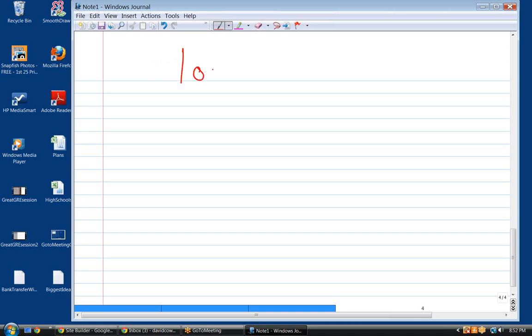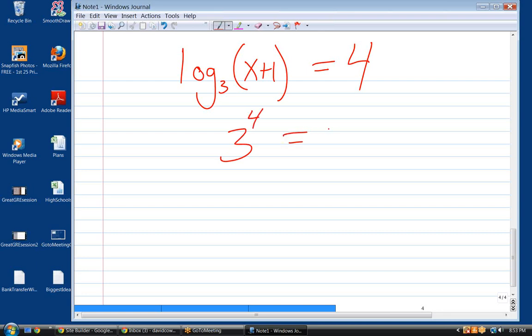Log base 3 of parentheses x plus 1, close parenthesis, equals 4. Okay. How are we going to solve this? First, divide by, no, change it to exponential. Good. So that'd be 3 to the power of 4 equals log x plus 1.